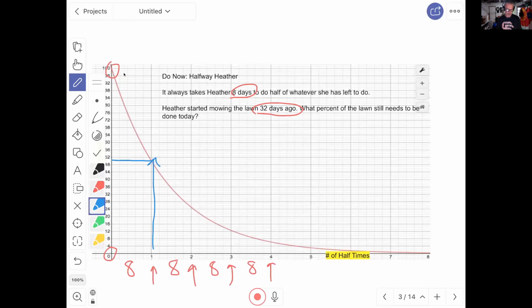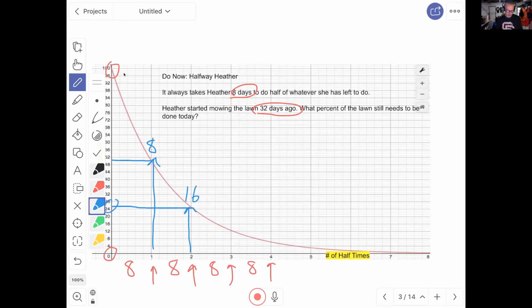She mowed half the lawn, 50%. Now half of this 50% must be 25, which is right here. What does that correspond to? Well, that is 2 half times, which is 8 plus 8. That must be 16 days. So it's 8 days here, 16 days here. She's at 25% of the lawn right now.